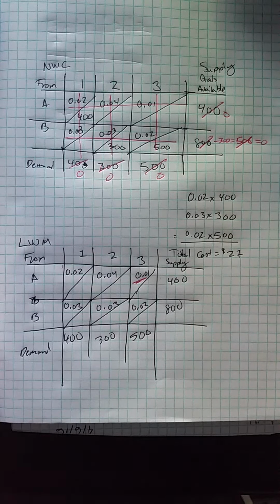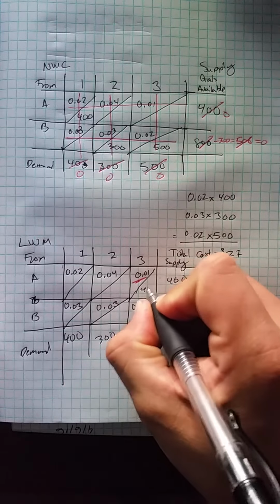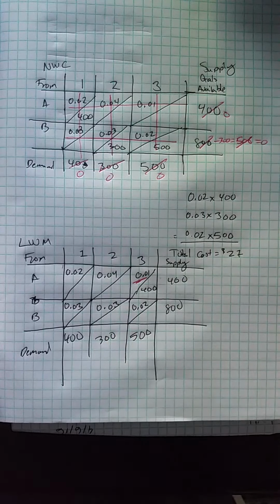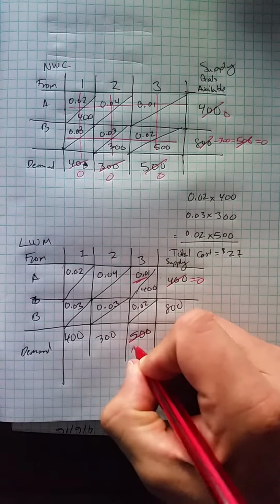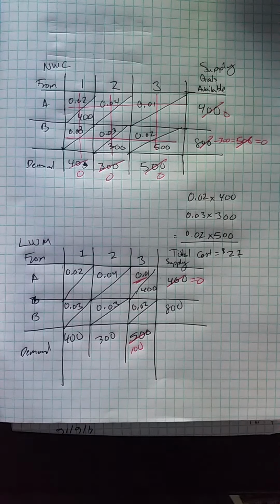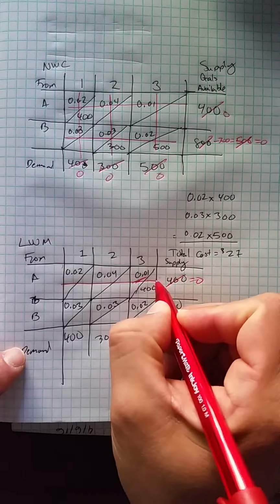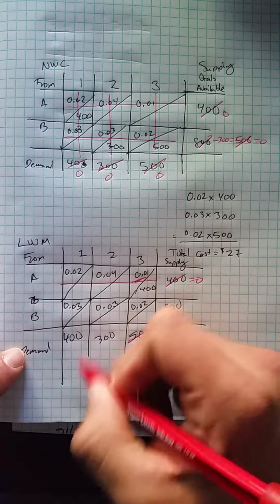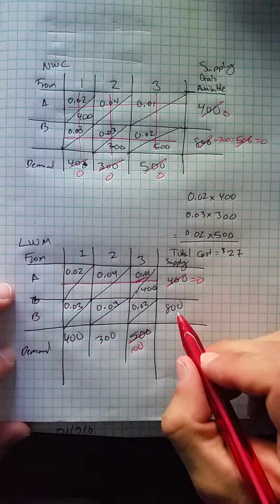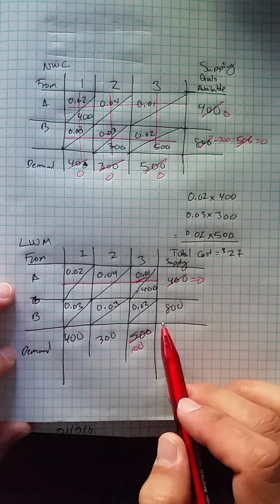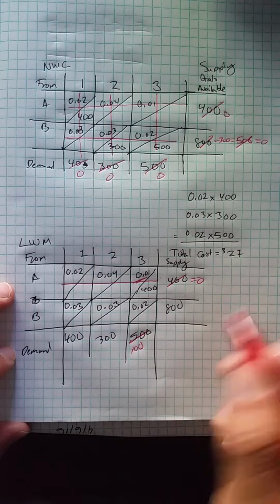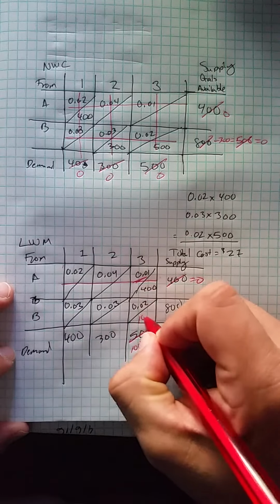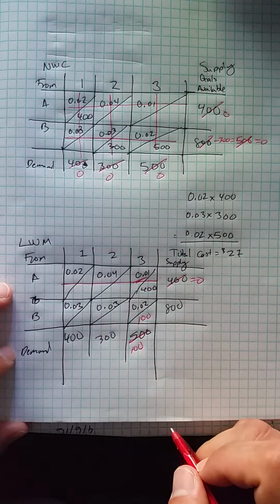So what we can do is provide 400 to the demand. So that equals 0. That will equal 100. And so we cross this part out because we can't give any more to any of these areas. Now we look for the next lowest cost price, and we can see that we could give 100 to 0.02 here.